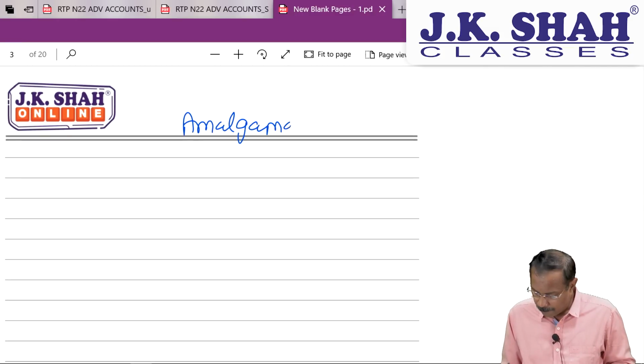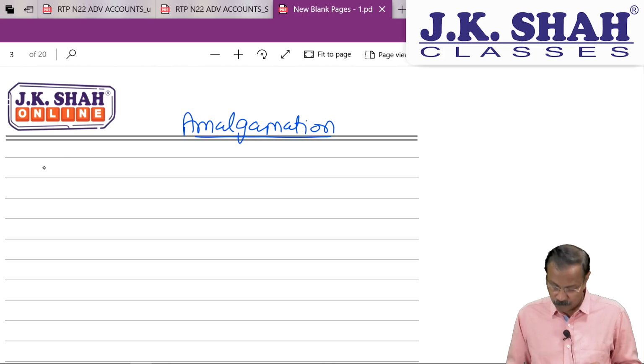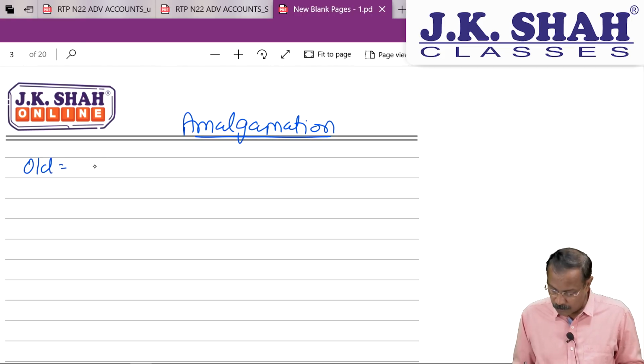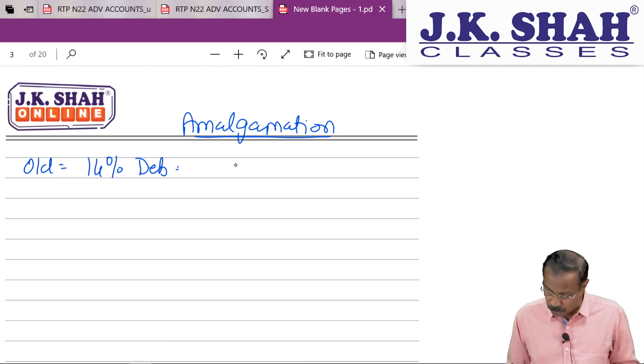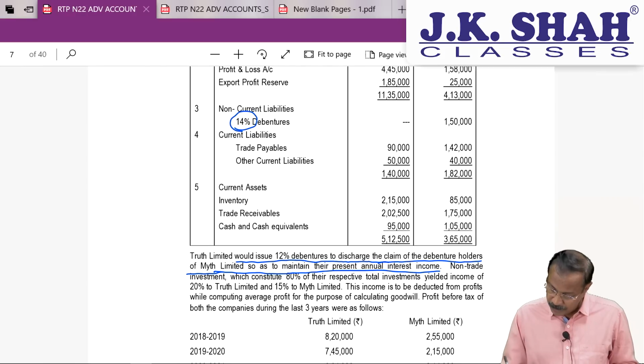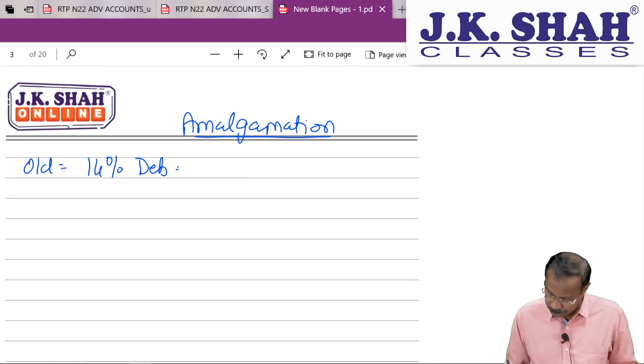Amalgamation chapter. Old, 14% debentures. Amount was 1,50,000.